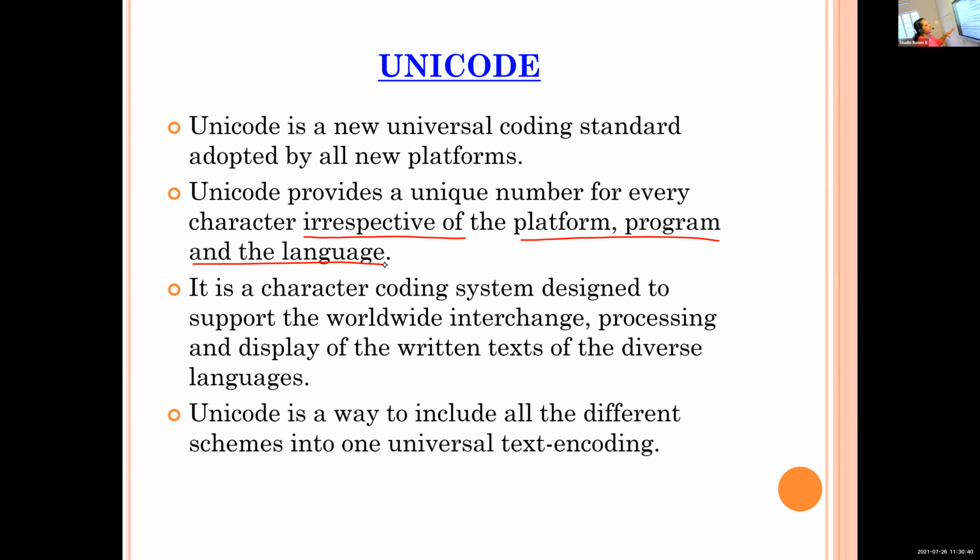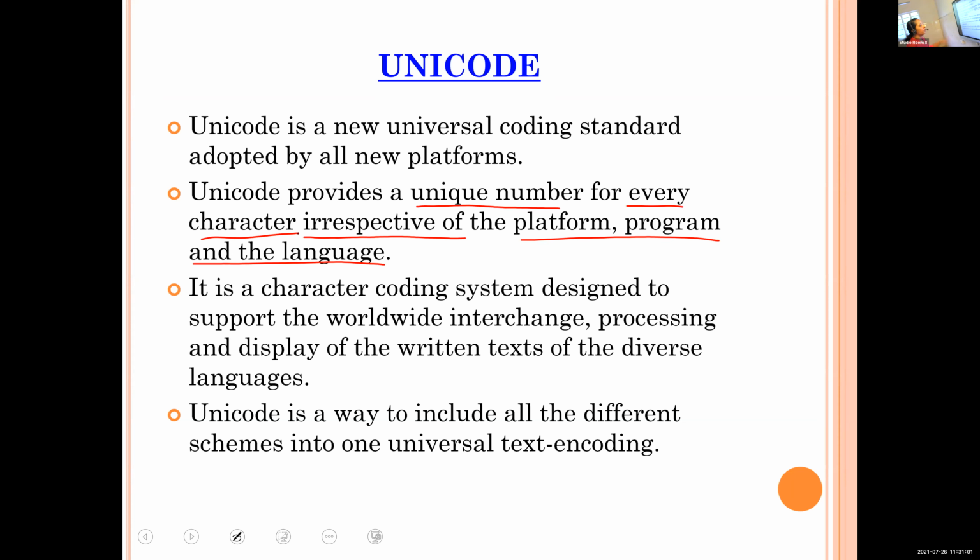In ASCII and ISCII some limitations are there. For some languages we have ISCII and ASCII values, but in the case of Unicode, a unique number is used for every character. That is the specialty of Unicode.